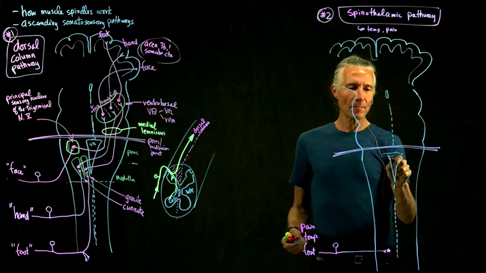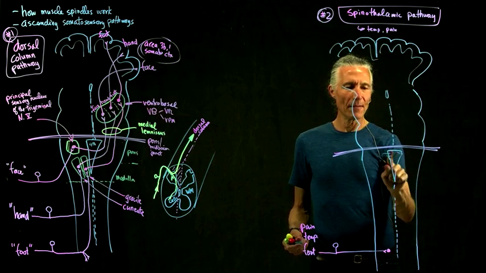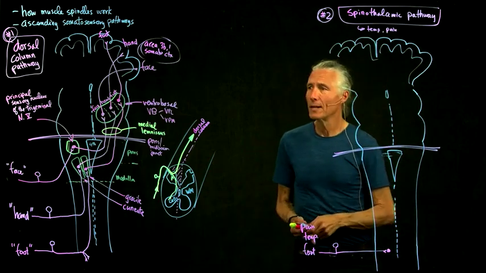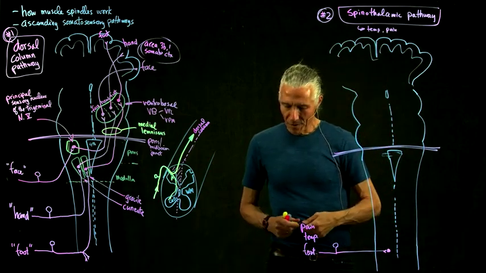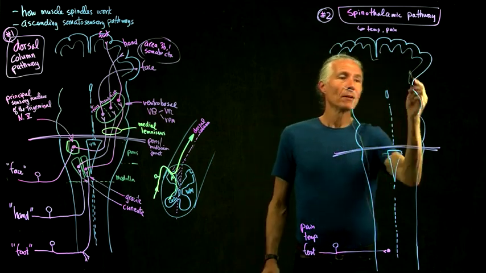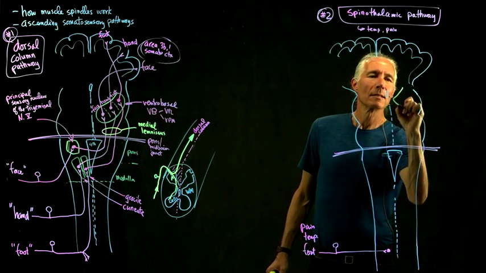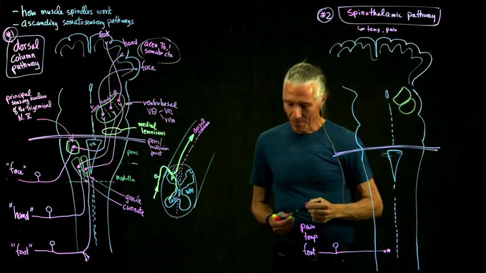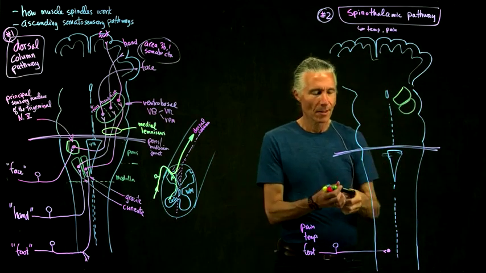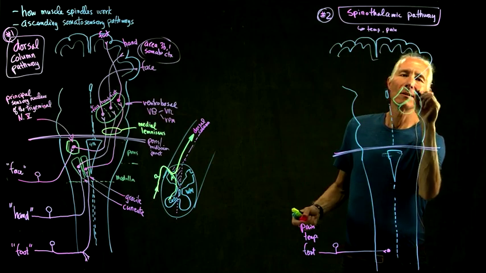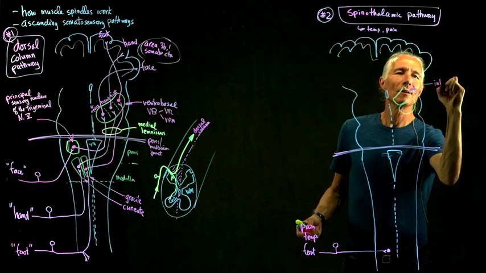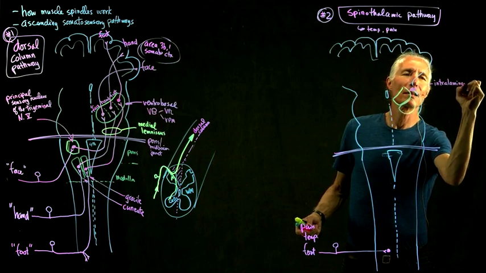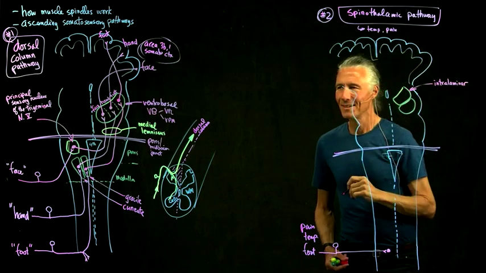And then the spinal cord connects up to the thalamus. And what does it connect up to? There's a couple nuclei up there in the thalamus. These are bigger than they actually are. And there's one called the intralaminar nucleus, because it's kind of in between a couple layers.